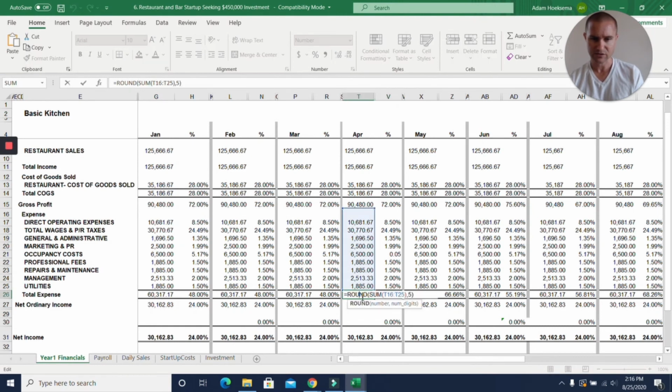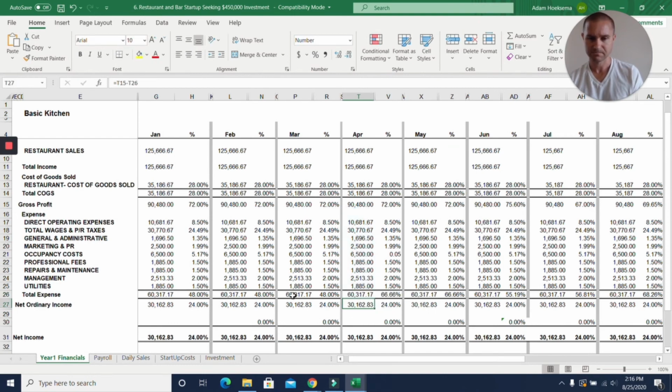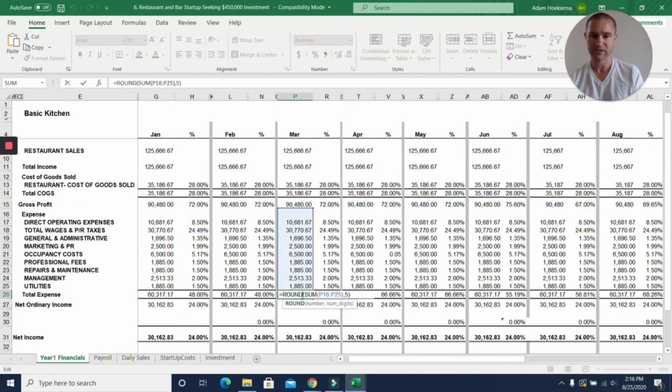I'm not exactly sure why. It looks like there must be some sort of error here, because you've got the same sales level. So why is that 66% and why is this 48%?